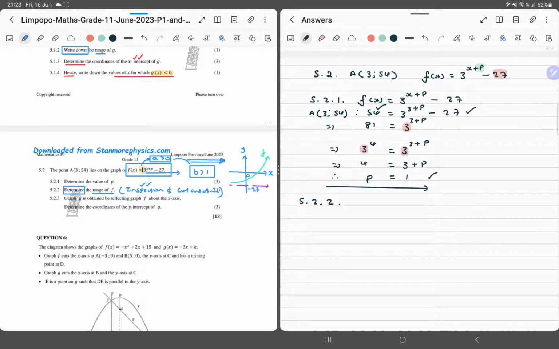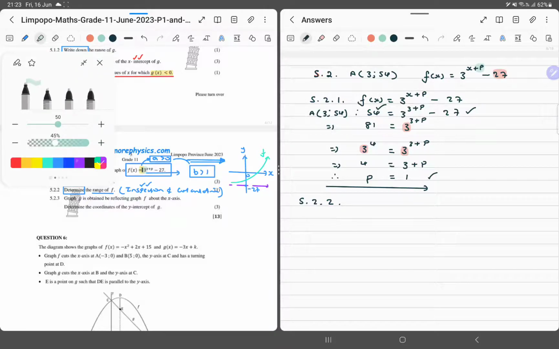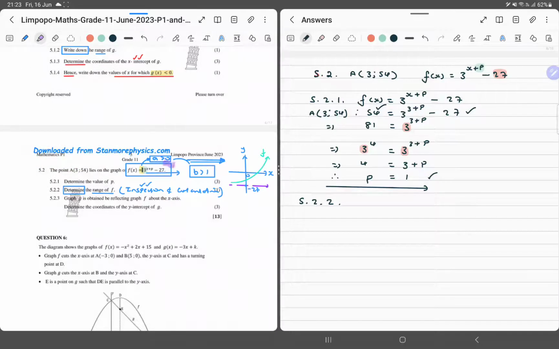Always knowing the shape of the graph, this becomes our friend to look at. This minus 27 already tells us the lowest point that this graph should be attempting to reach but will never reach.